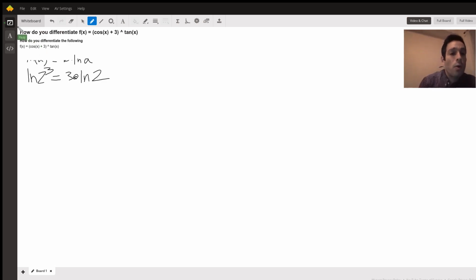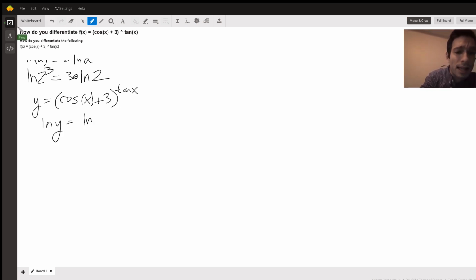So what we're going to do here is we have y equals the cosine of x plus 3, and then all of that is raised to the power of tangent of x. We're going to take the natural log of both sides. What you do to one side, you must do to the other. So the ln of y equals the ln of cosine of x plus 3 to the tangent of x.